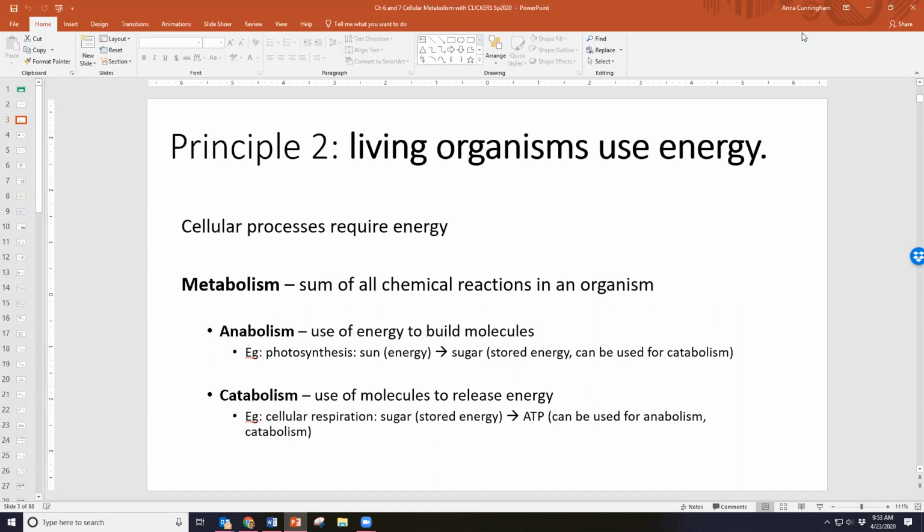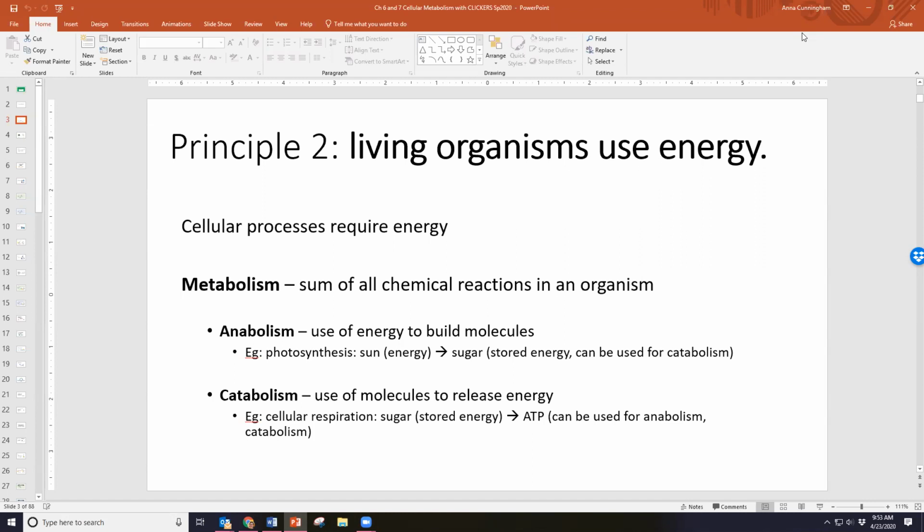Every single one of those is a chemical reaction in a cell. So any cellular process that involves a chemical reaction, which is all of them, is a part of the cell's metabolism. And we can divide those metabolic processes into 2 broad categories. We can divide it into anabolism, which is when we are building things, and catabolism, which is when we are breaking stuff down.